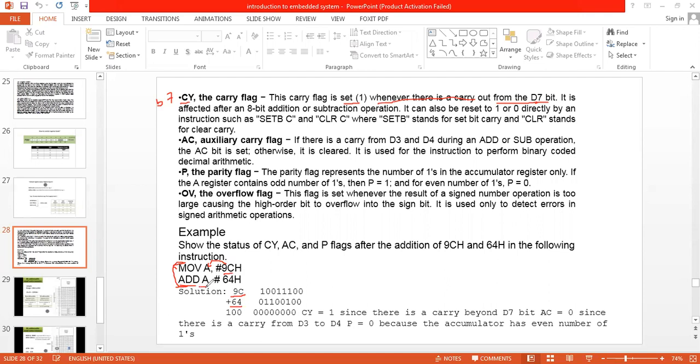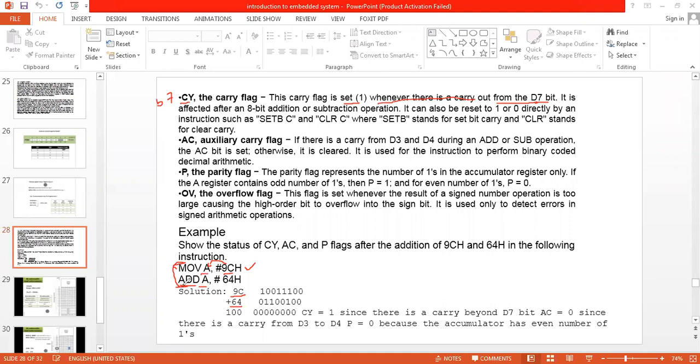The A register always holds the result during arithmetic and logical instructions. So whenever any instruction is executed, the result is always stored in the first operand. Okay, so 64.